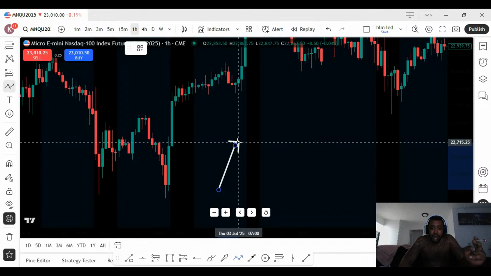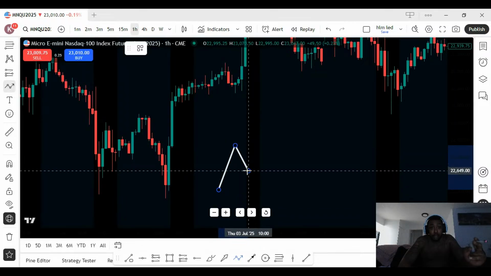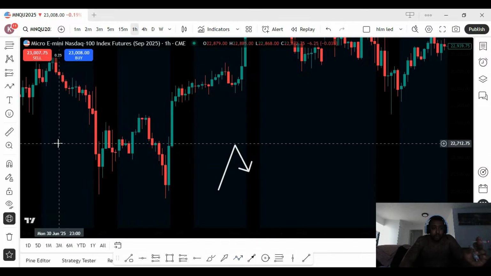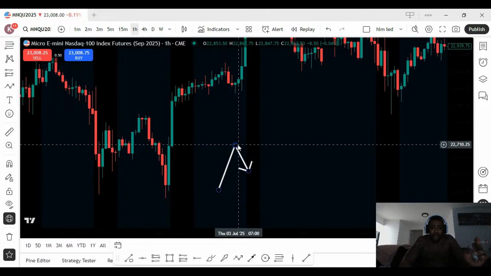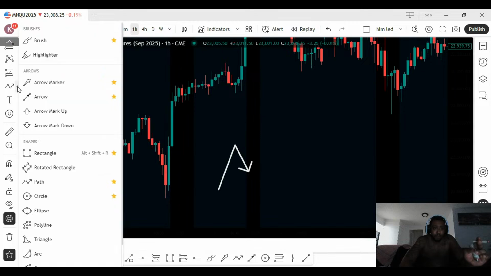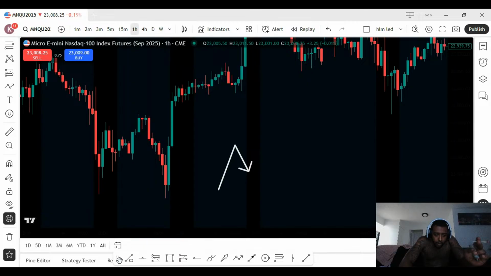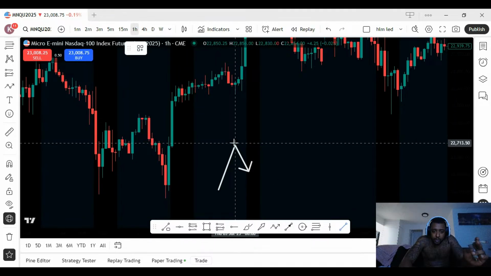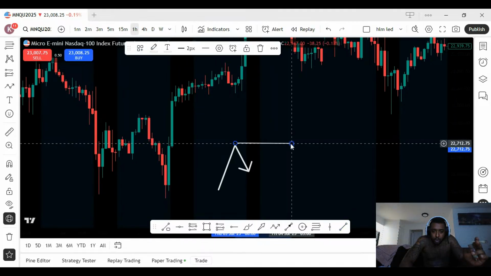It's going to make a high, come down, and make a low. This is when it starts. All you're looking at is whether it makes a higher high, which basically means that right now we have a low and a high formed. This one high is the liquidity.